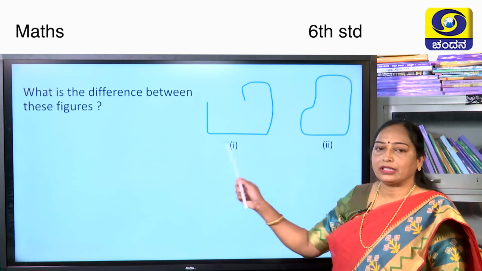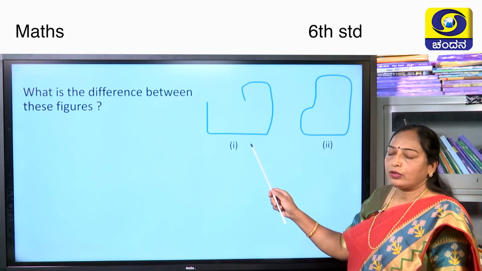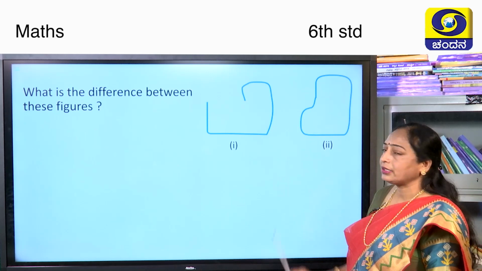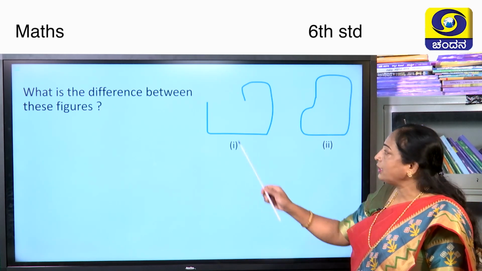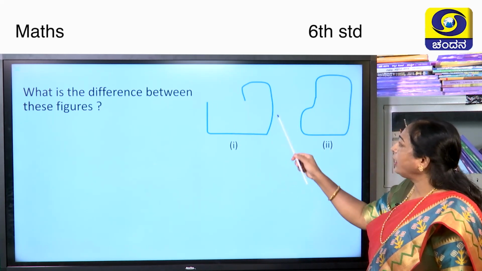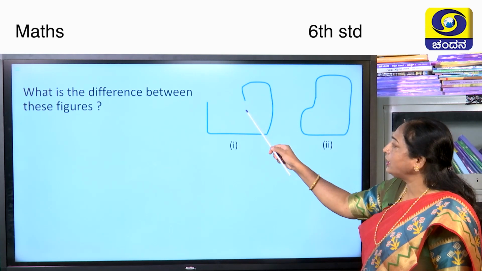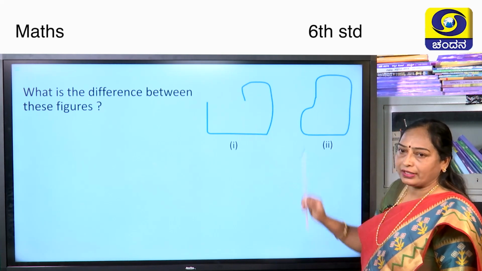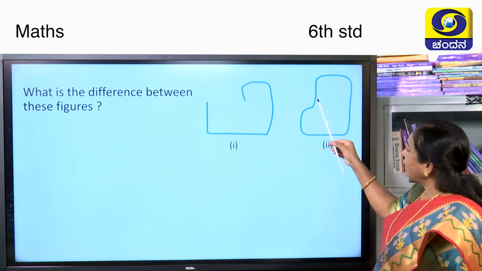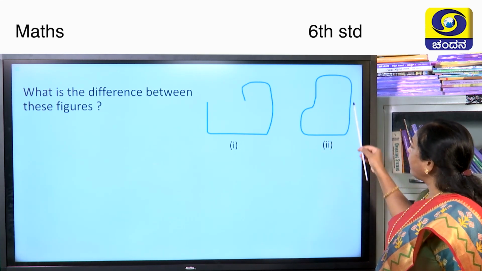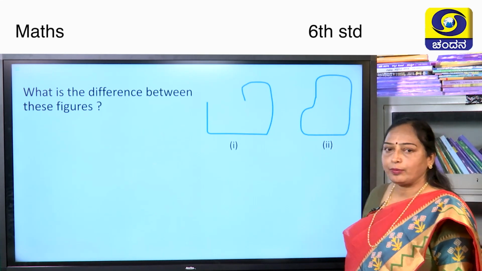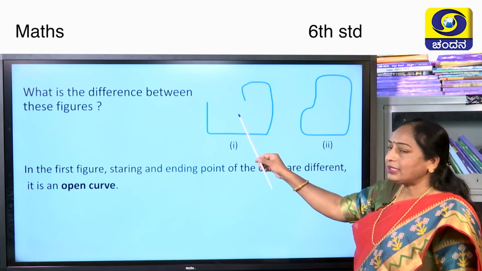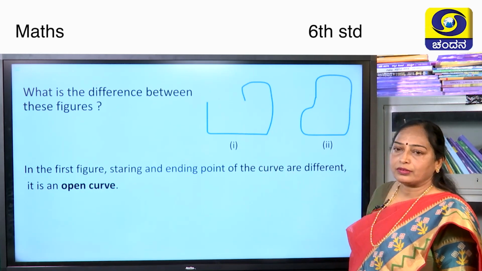Look at these pictures. Children, what is the difference between these figures? The starting point and the ending point of this figure are different. In this figure, the starting point and the ending point are the same. Therefore, this curve is an open curve.